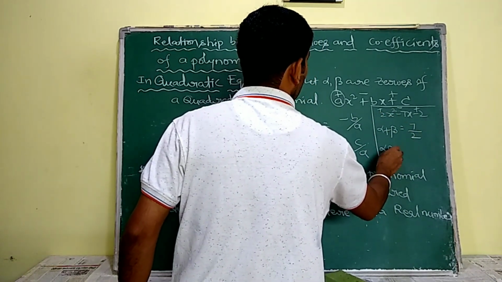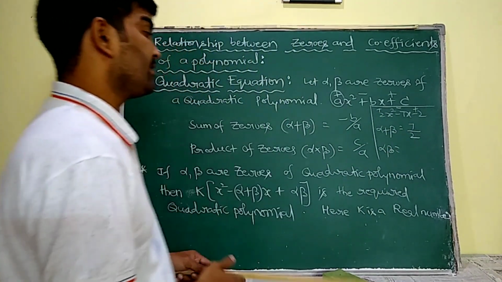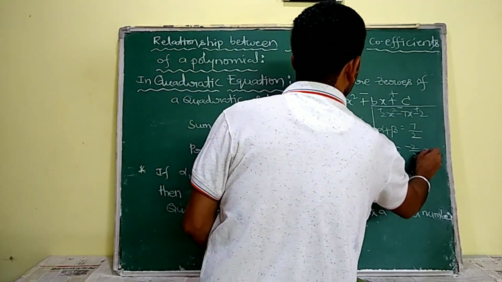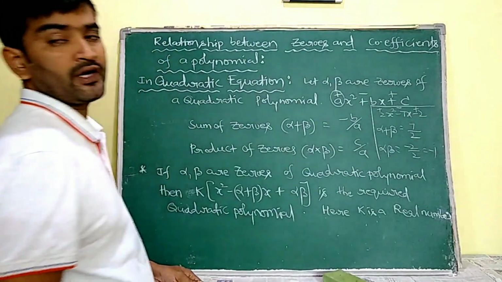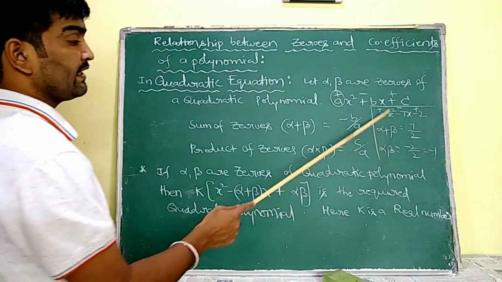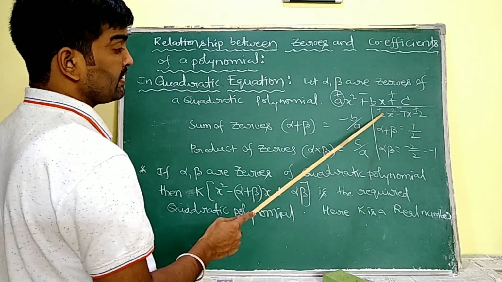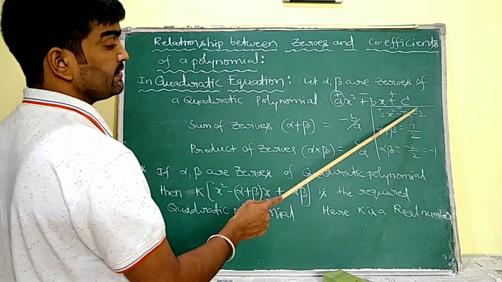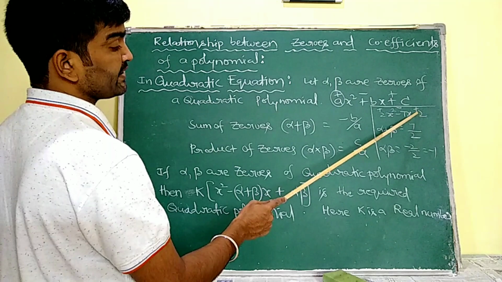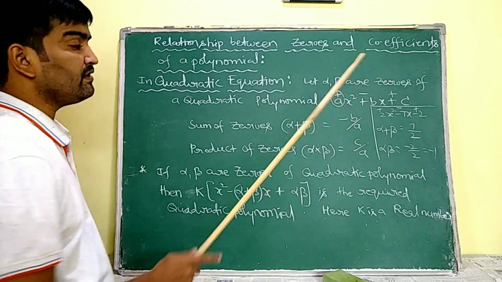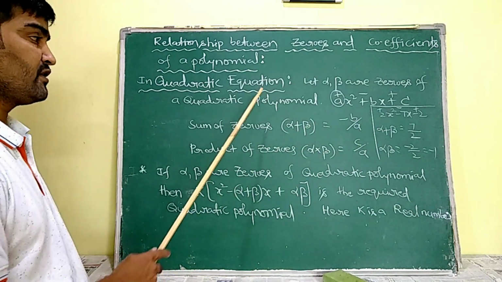Product of zeros alpha beta is c by a, plus of minus 2 by 2, that is equal to minus 1. Sum of zeros means minus of this minus 7 by this 2. Similarly, product of zeros means plus into minus 2, that is minus 2 by a.